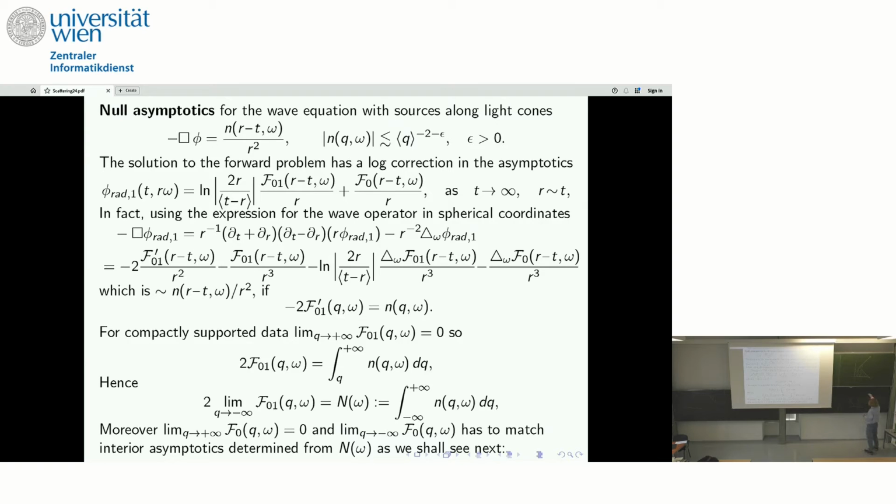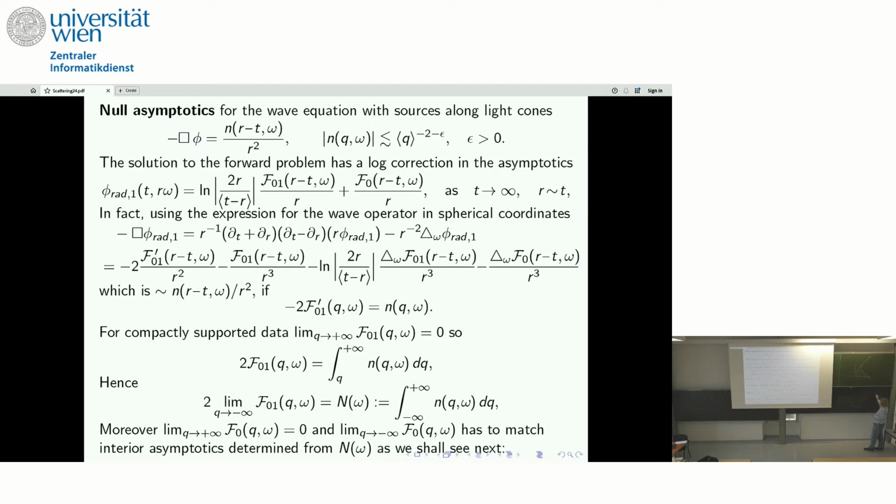So you have some radiation field, you have some data f01 times the log of r plus f0, at null infinity. And then this corresponds to something that goes on in the interior. But the thing is that you can't arbitrarily prescribe. So the interior is determined by the limit of these as you go towards I plus, in relativity, as r minus t goes to infinity.